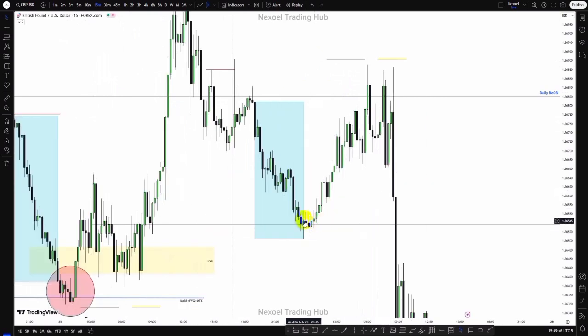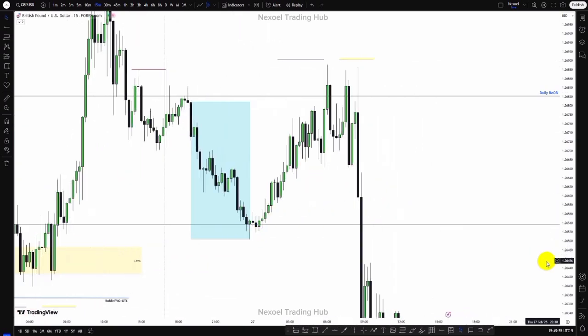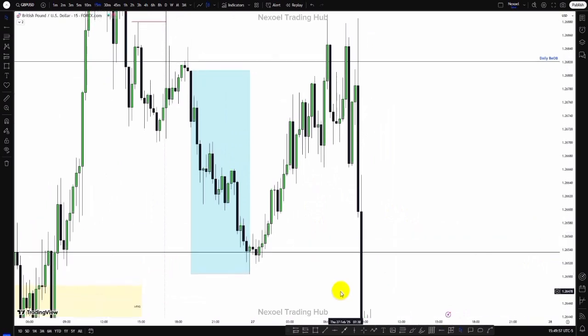But then due to the fact that I missed to take that here, but then upon confirmation of the sweep of liquidity and the bullishness here, and when we go to a lower time frame, we're going to see a market structure shift here. I'm not going into that lower time frame. And then we had this change in state of delivery and price violating this bearish fair value gap, creating this bullish order block.